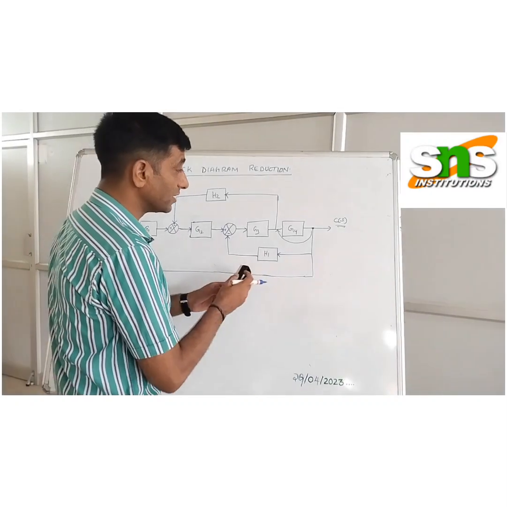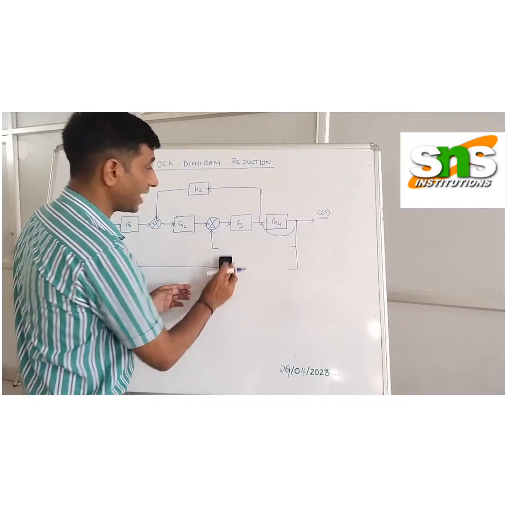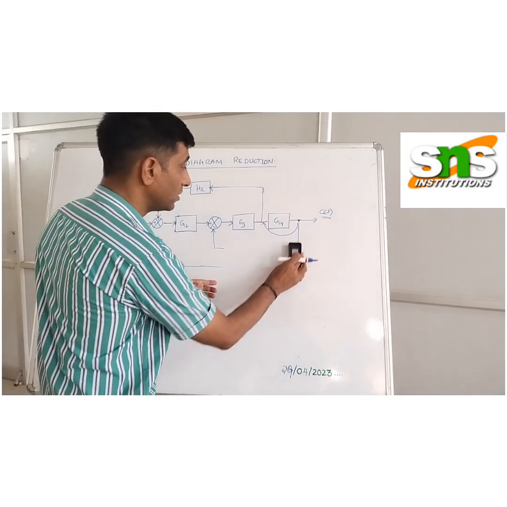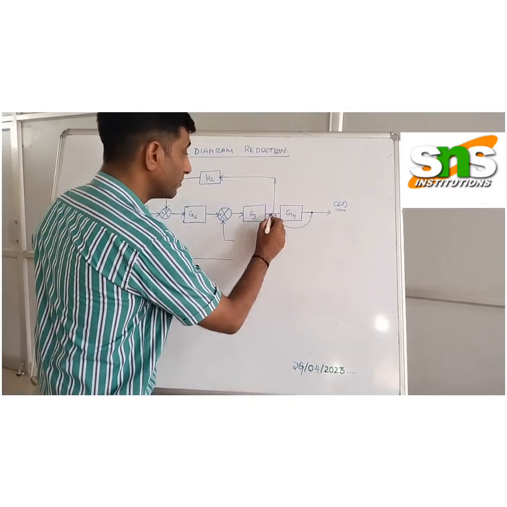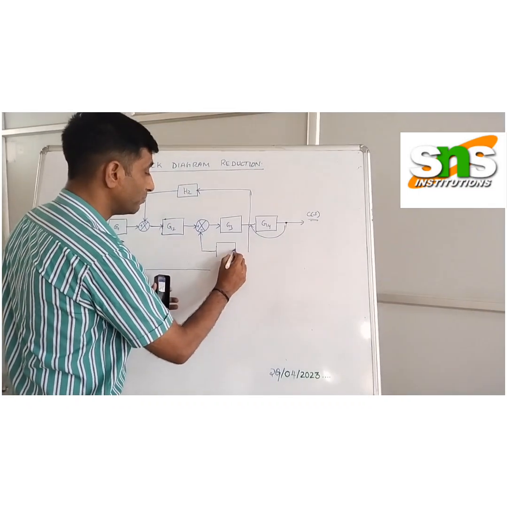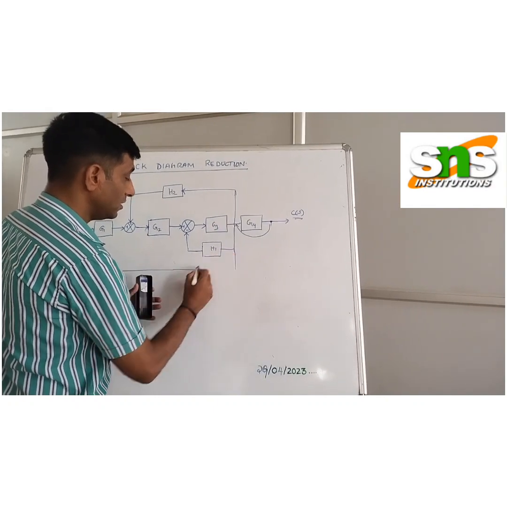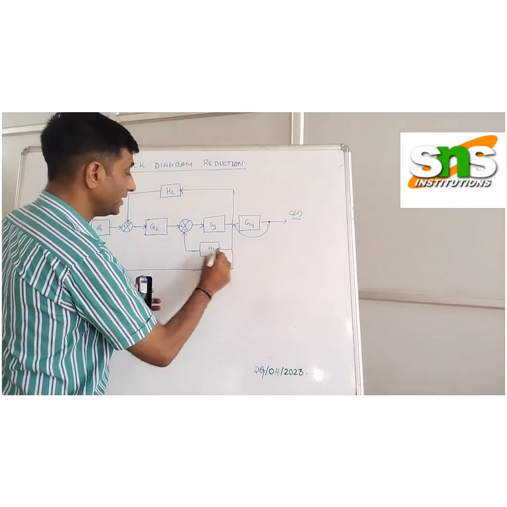While moving this, I will just erase this and update in this diagram. So what I am doing now is I will just move the branch point before the block. So I have H1 and then we have another feedback.